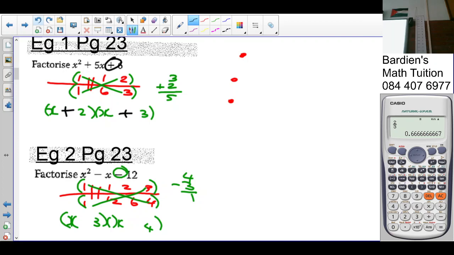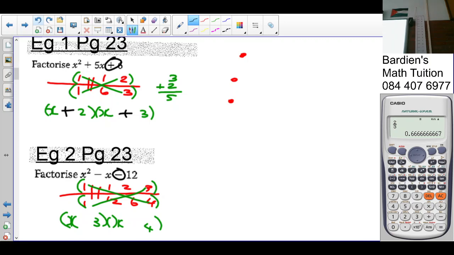Let's look at this one here. The last term is negative. So what about the signs in the brackets now? One plus, one minus. The bigger product takes the sign of the middle term. And what sign is in the middle term?